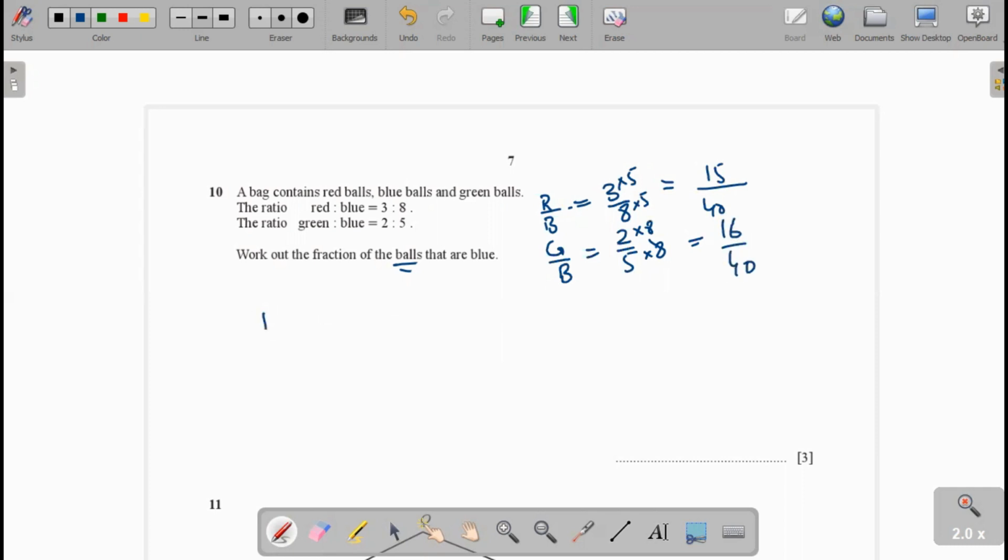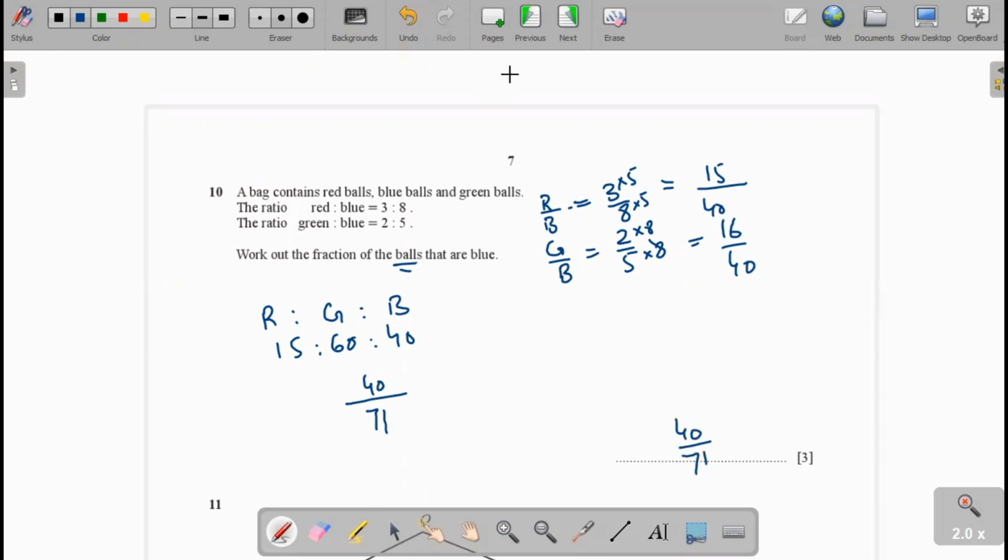Now we write the ratio red to green to blue as 15 to 16 to 40. The total number of blue balls is 40 out of total balls 71. This is the fraction we have to find.